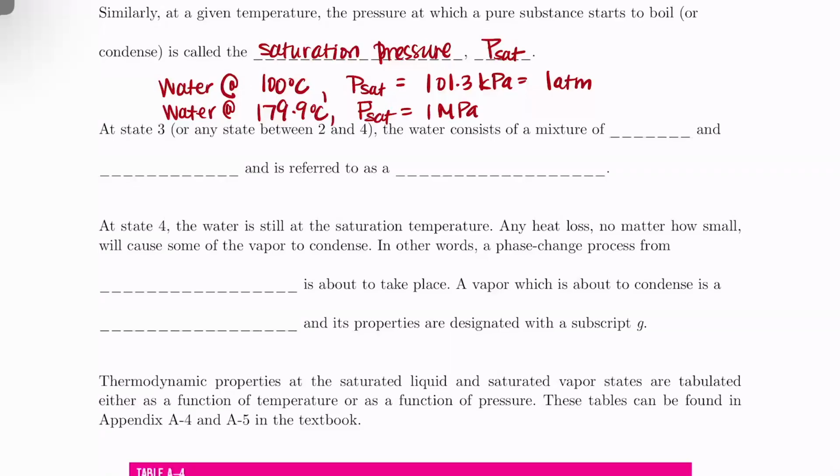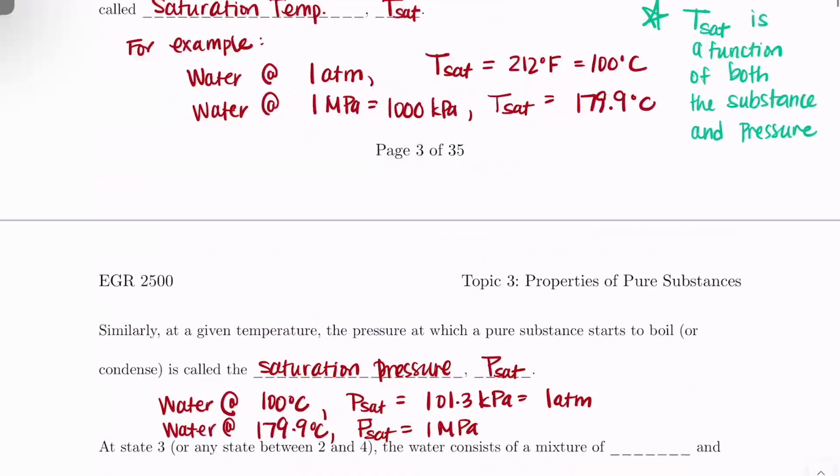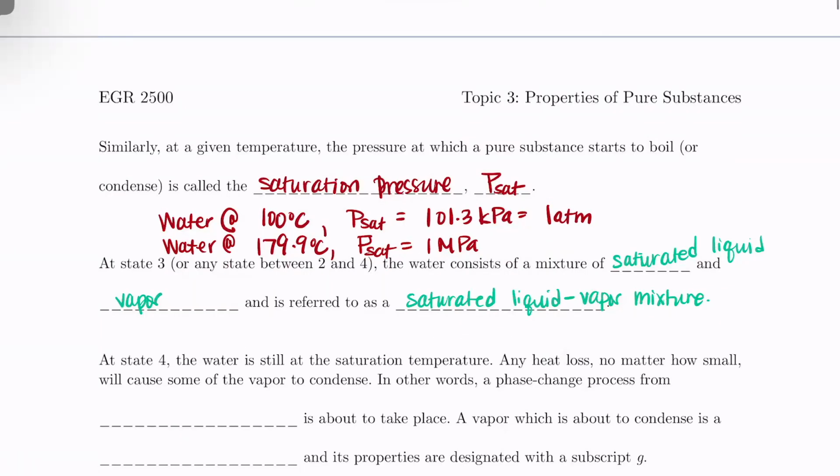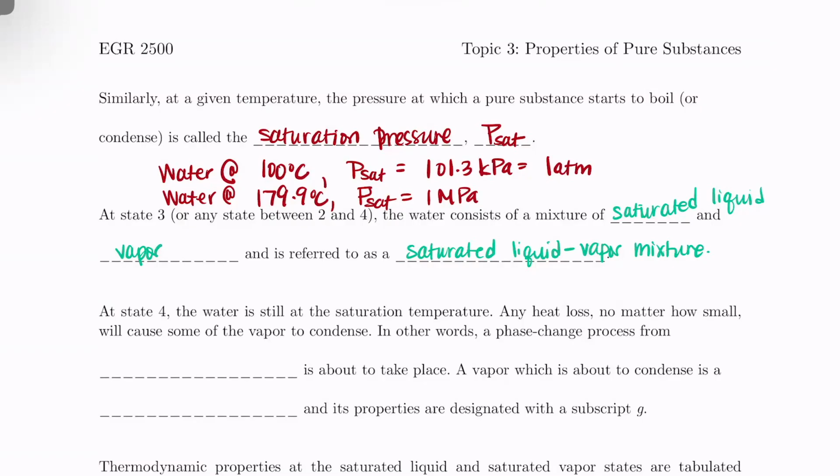Okay. So at state 3, oh, what color did I give that? Teal. The water consists of a mixture of saturated liquid and vapor, and is referred to as a saturated liquid vapor mixture. And then at state 4, we're still at the same saturation temperature.